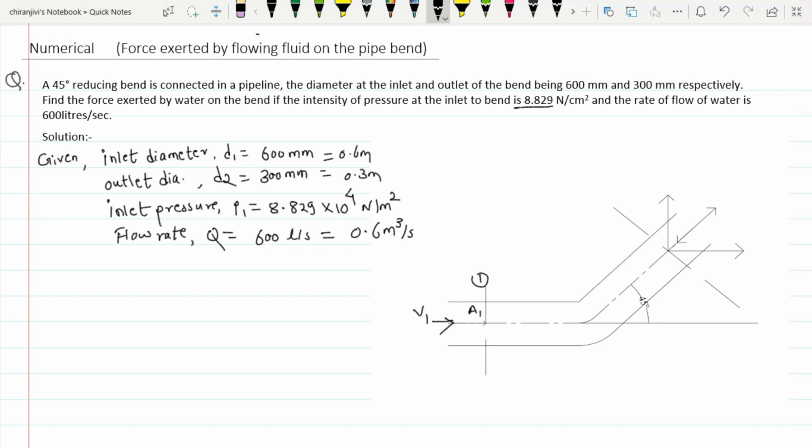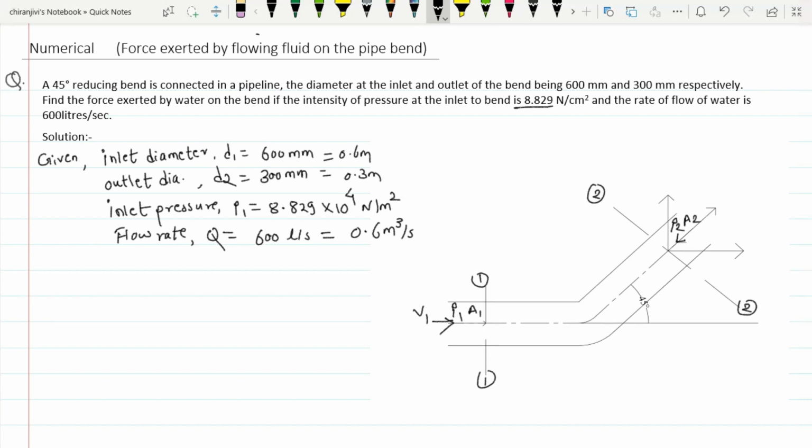This is section 1, and here we have section 2, and pressure intensity at section 1 P1. Product of P1 and A1 is the pressure force at section 1. Similarly, pressure force at section 2 is P2A2, acting in this direction.